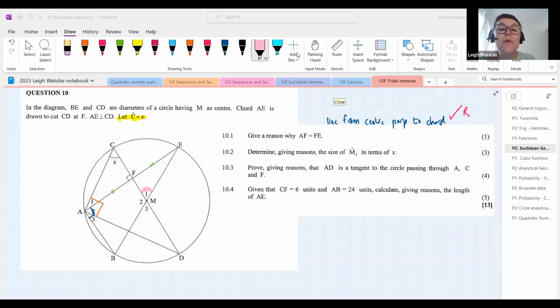One of the corollaries would be equal chords subtend equal angles. You could start thinking about that, Leanne. But at a glance, angle M1 is the angle at the center. Do we have an angle at the circle?